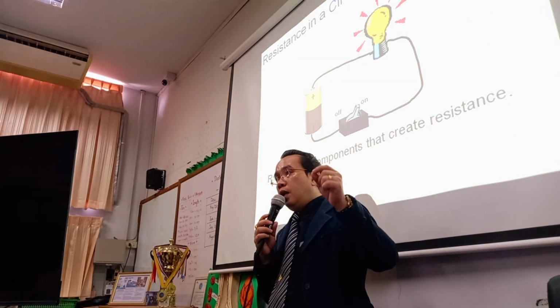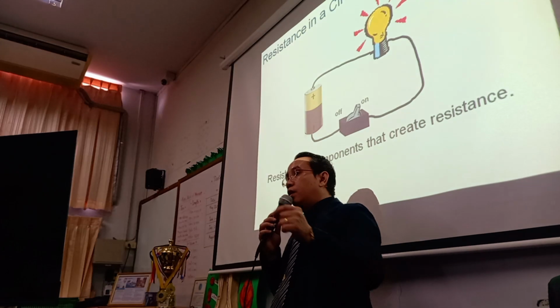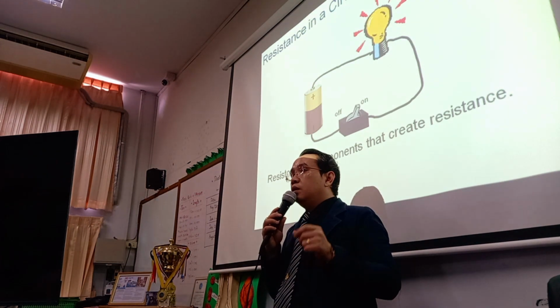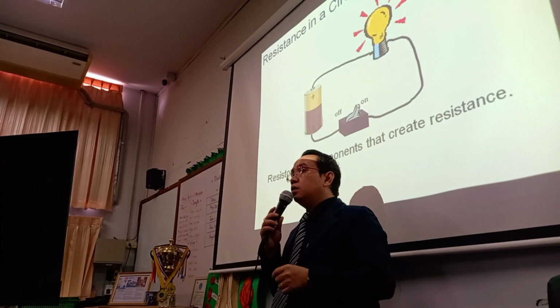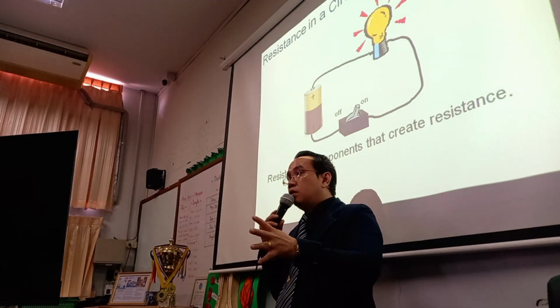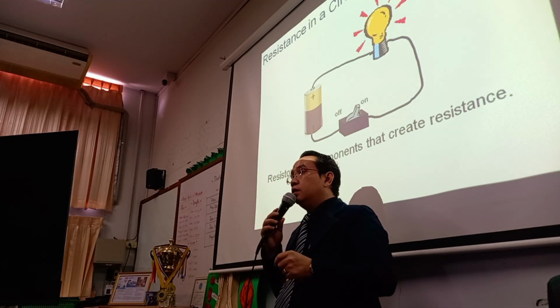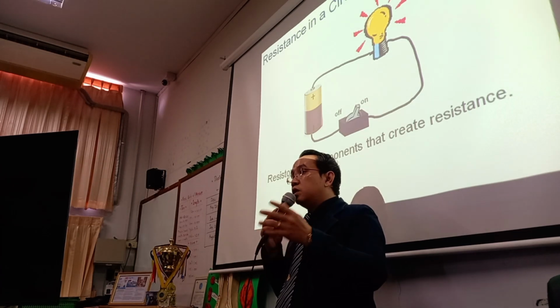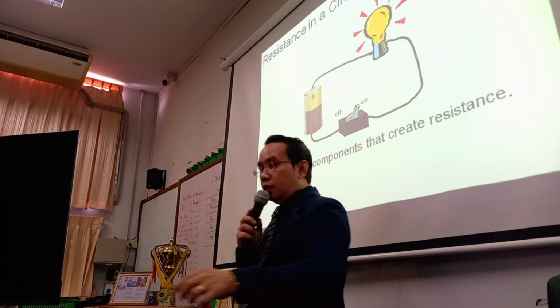So this helps to resist or control the flow of electrical energy once it is connected directly to the power of electricity. There is something that helps to resist or slow down, in order to avoid accidents and, of course, for safety purposes, right?